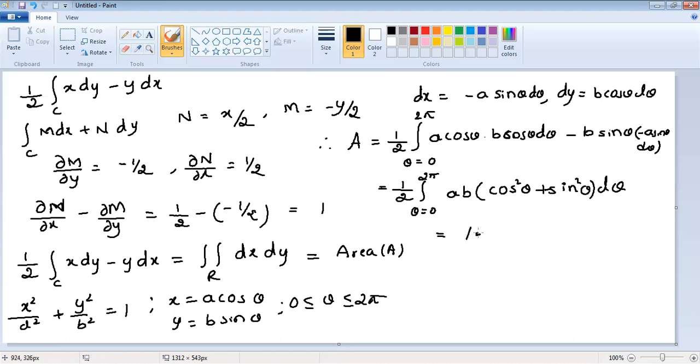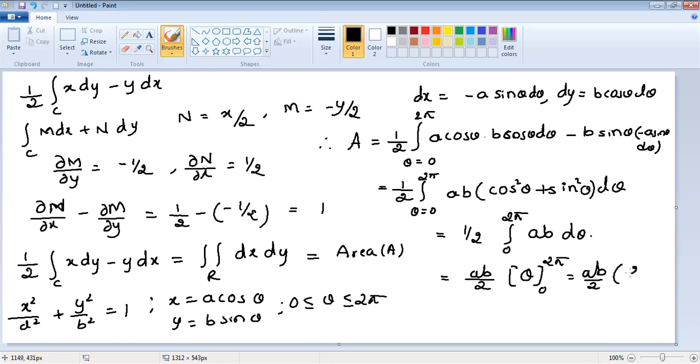This is equal to 1 by 2 integral from 0 to 2 pi of ab d theta. So ab by 2 is a constant, and integral of 1 is theta. Theta varies from 0 to 2 pi. So it is ab by 2 into 2 pi.